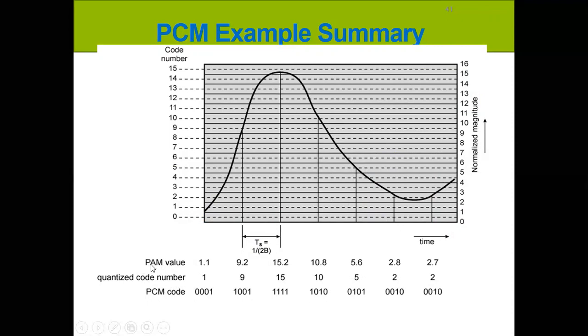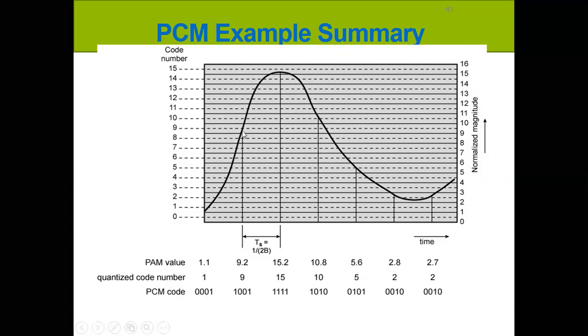So PAM value is amplitude, just the sample. First sample is 1.1. But this one will be quantized number is 1. So 1 means in terms of 4-bit 0001.